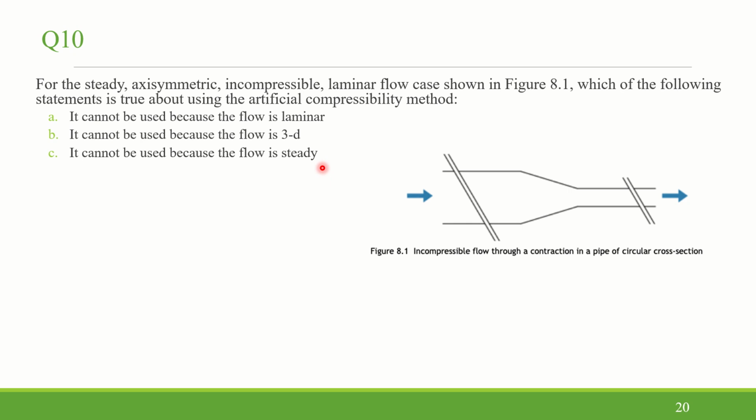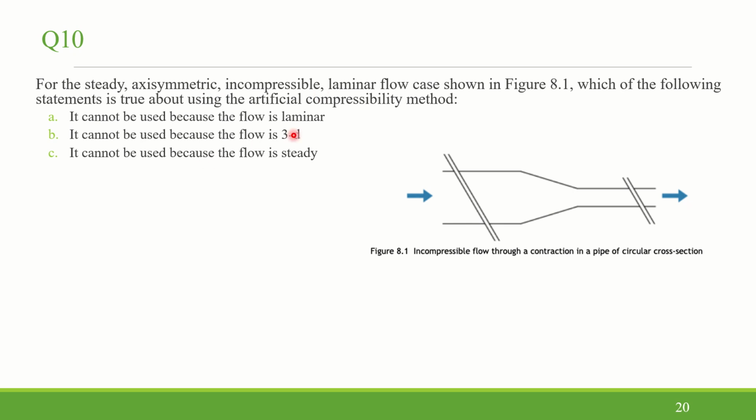So when we talk about these statements, the first one mentions that it cannot be used because the flow is laminar. Even though the flow is laminar, here we can use the artificial compressibility method. So the first statement is false. Second one, it cannot be used because the flow is 3D. The flow is first of all axisymmetric, but even if it is 3D, the 3D artificial compressibility method can be used.